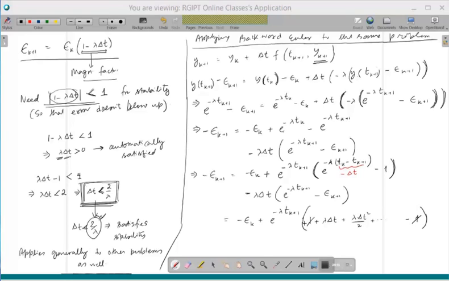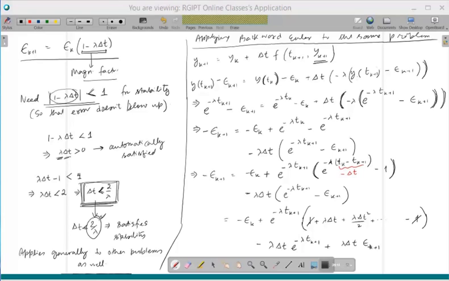The 1 cancels out, and then I have minus lambda delta t e raised to minus lambda t k plus 1 plus lambda delta t epsilon equals 1.